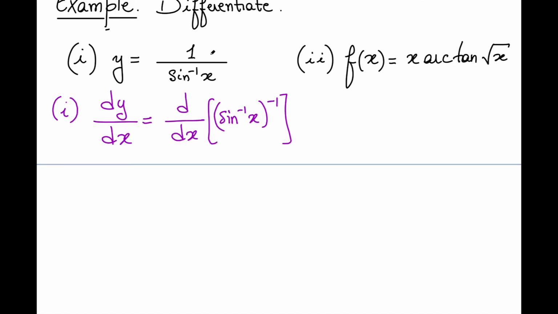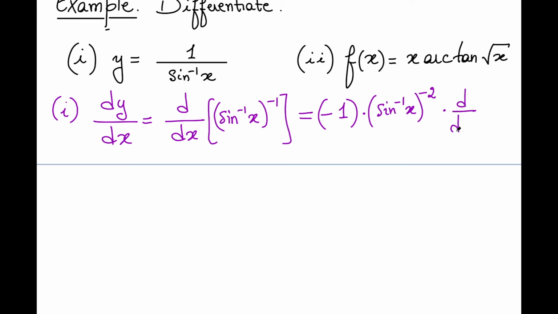This is the reciprocal. And now I'm going to use the formula that we know, the power rule combined with the chain rule. What is it? We get negative 1 times that guy to the power negative 2, subtracting 1 from the exponent, times the derivative of this guy.